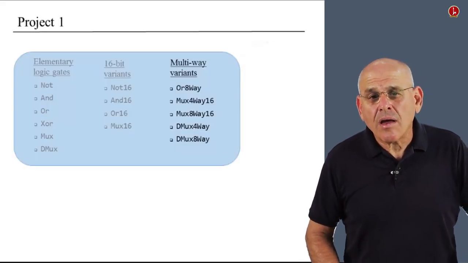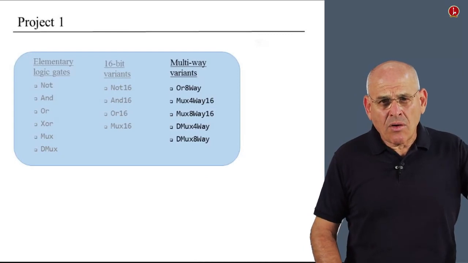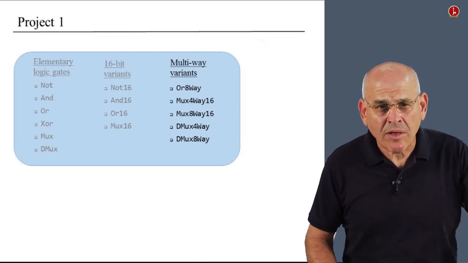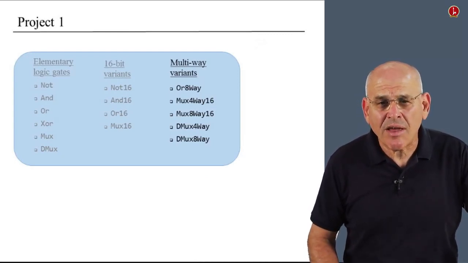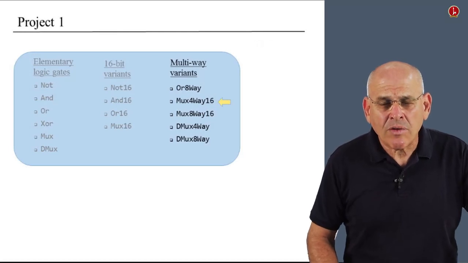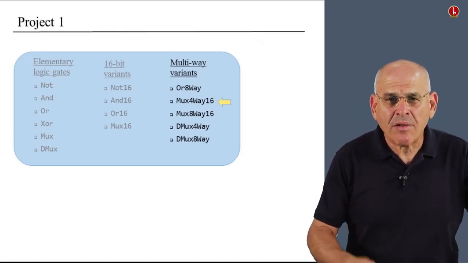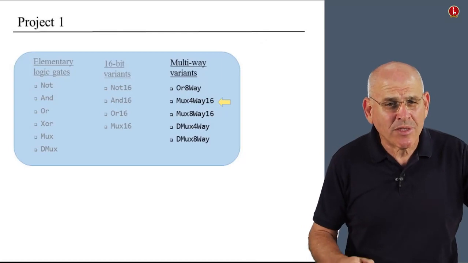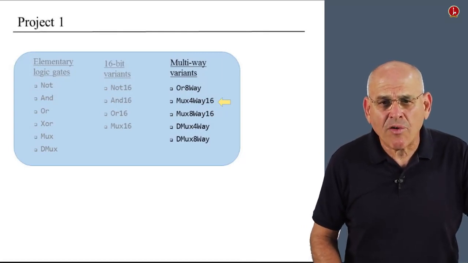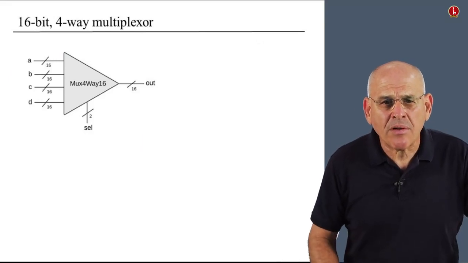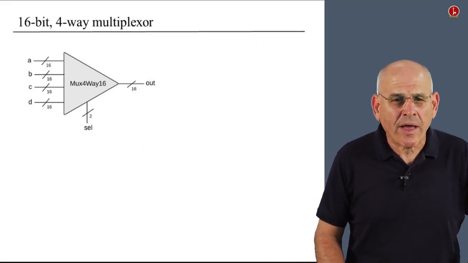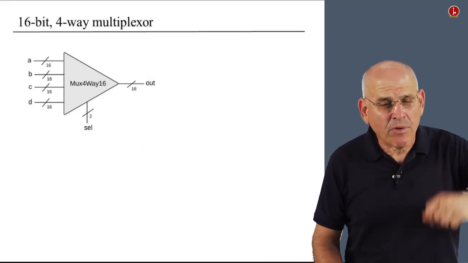gates. All right, so this has been what I wanted to say about the 16-bit variants that you have to implement. And finally, I want to discuss one example of the multi-way variants, which happens to be actually quite a straightforward notion. Here's an example of a MUX 4-way 16. It has 4 inputs coming in.